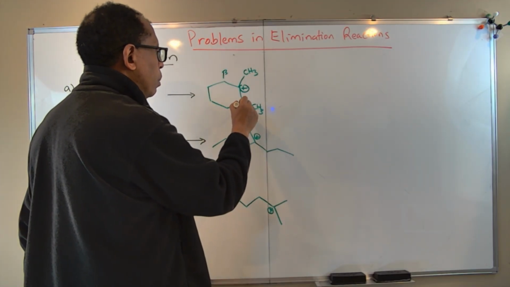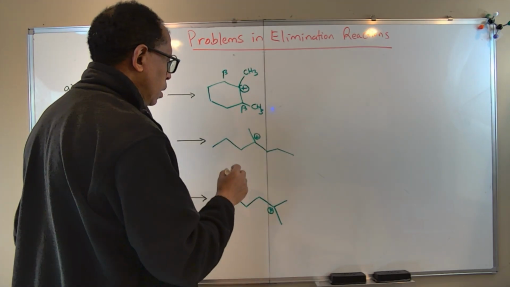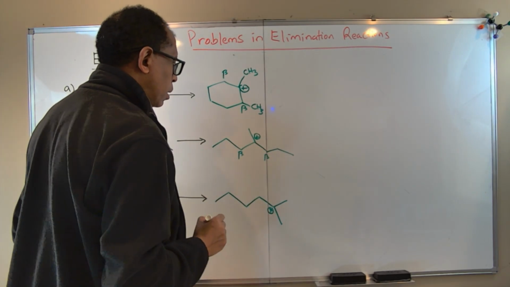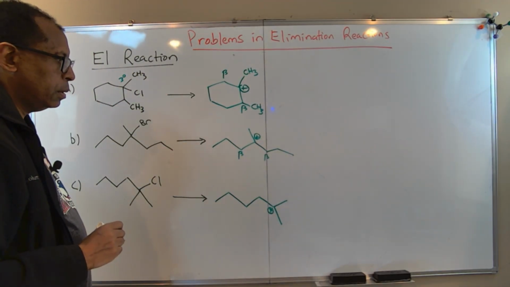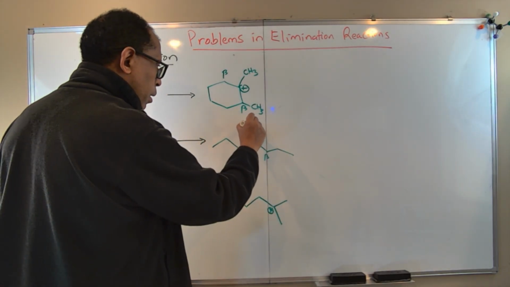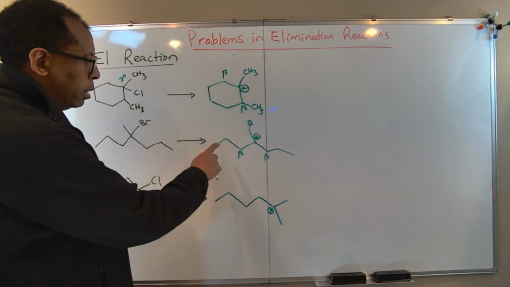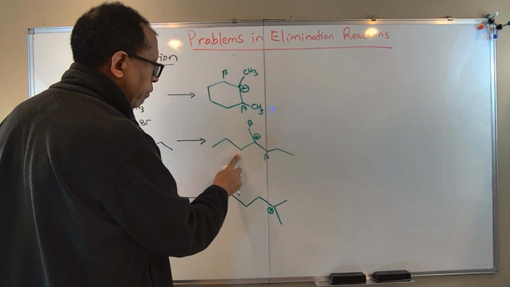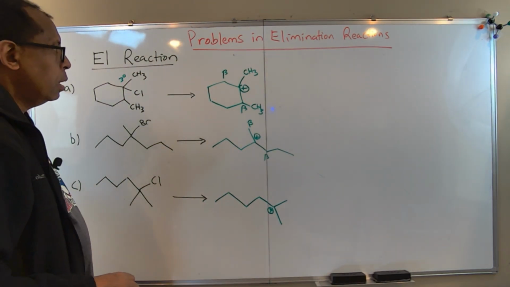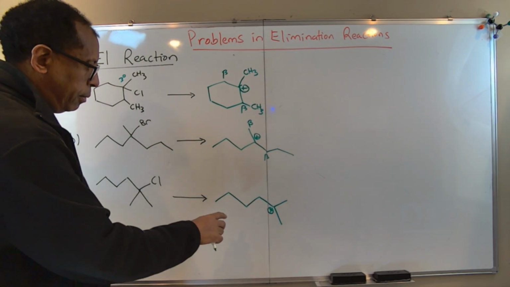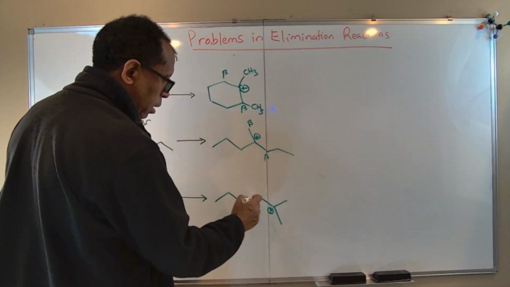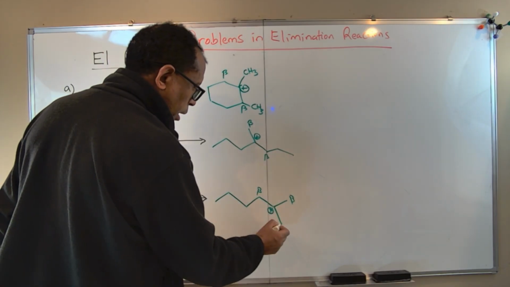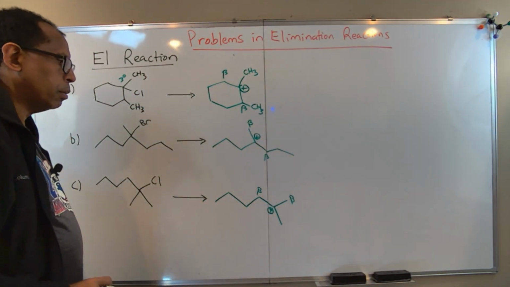This is one beta carbon as well. For this one, you have this beta carbon and this beta carbon and this beta carbon. Actually, I think this one and that one are equivalent, so I will just leave one of them. And also for this one, we have this beta carbon, and one of these are the same, so another beta carbon.